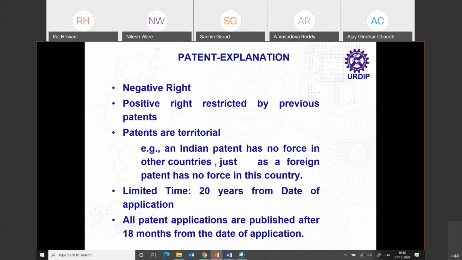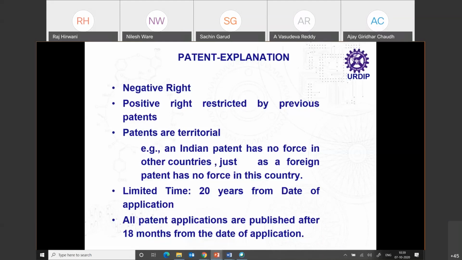Second, patents are territorial. Who grants your patent? Government grants your patent. The government of India cannot grant you a right which you go and exercise in the United States. Similarly, the US government cannot give you a right which you can go and exercise in Japan. So in whichever country you get the patent, your patent is restricted to that geographical boundary. An Indian patent has no force in other countries.